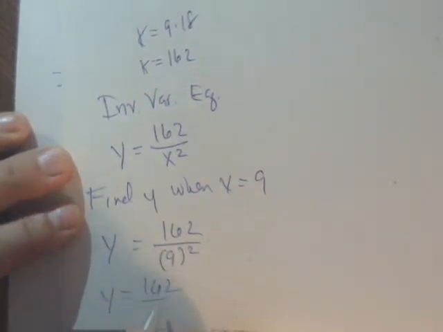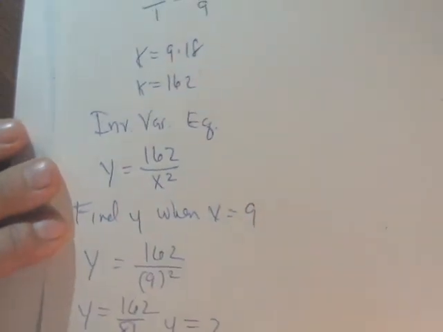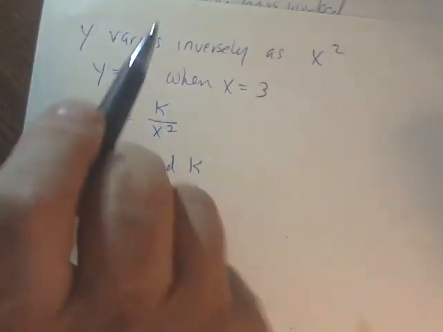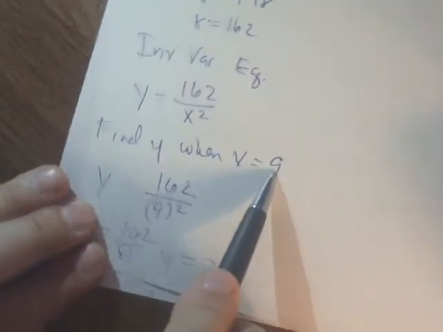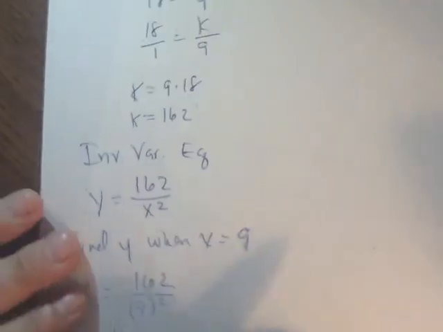So 162 over 81, so y is 2. So, when we talk about the inverse variation, when we first started, y is 18 when x is 3. And what happened was, as x got bigger, y is getting smaller. Okay? And so that's variation.